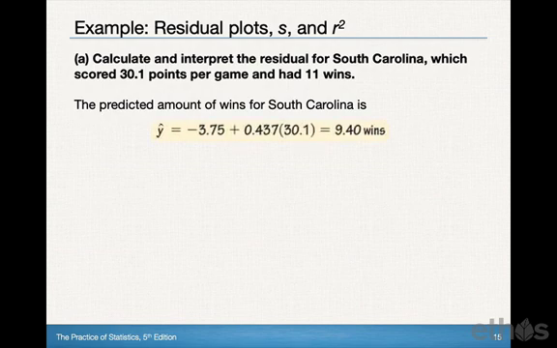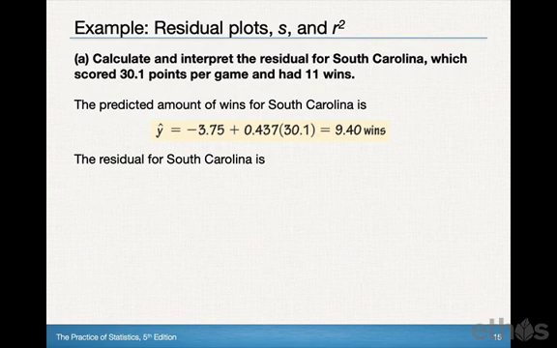And the much more common thing that you'll have to do is use your least squares regression line equation to figure out how far off a value prediction is for a single point. So here we look at a particular team. They scored 30.1 points per game on average, and if we were to plug that into the least squares regression line, it predicts they would have 9.4 wins.